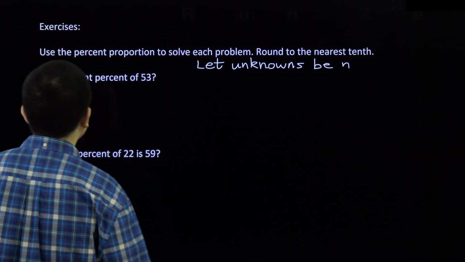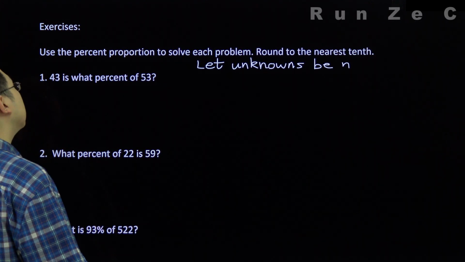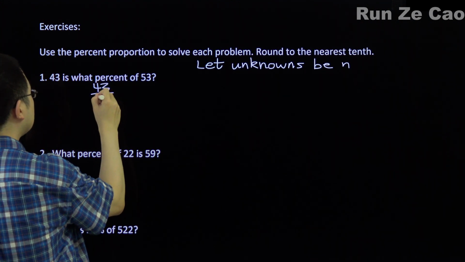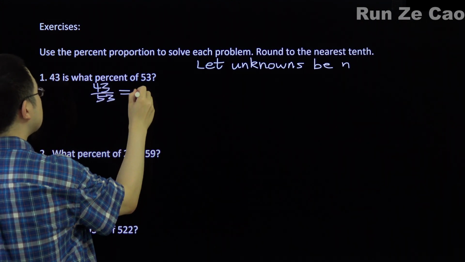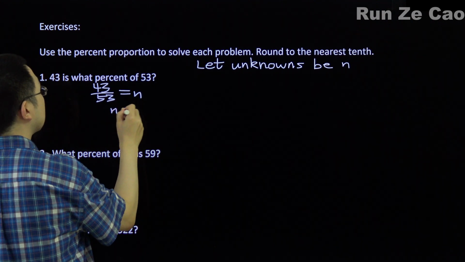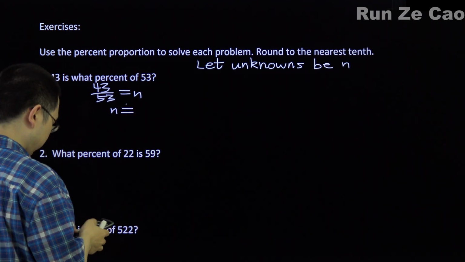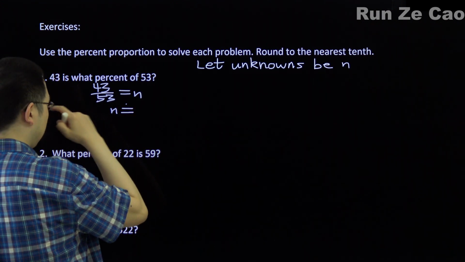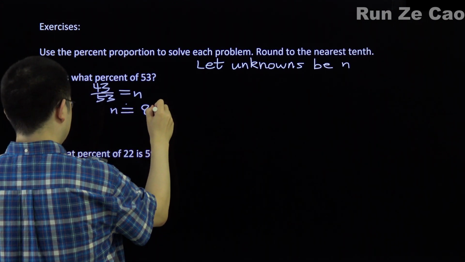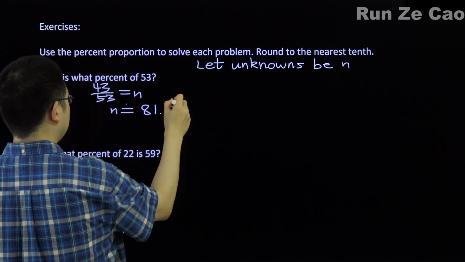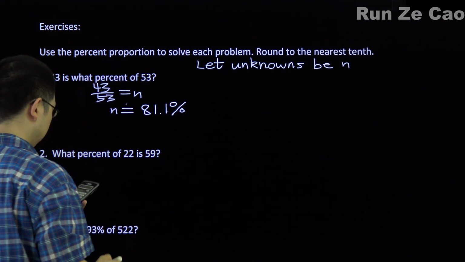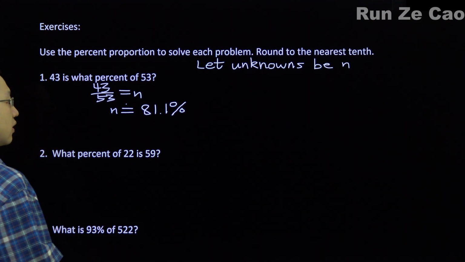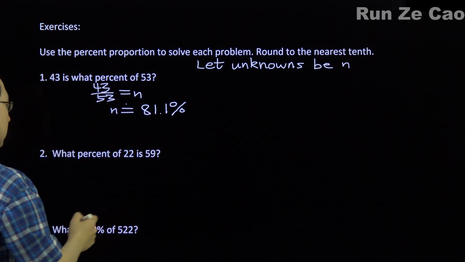Okay, fine. 43 is what percent of 53? 43 over 53 is equal to n. N is approximately, because we can just divide 43 by 53, approximately 81.1%. That's rounded to the nearest tenth of a percent in this case, because we're expressing this in percent.